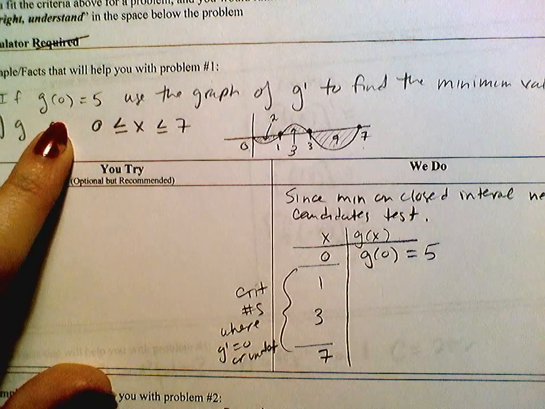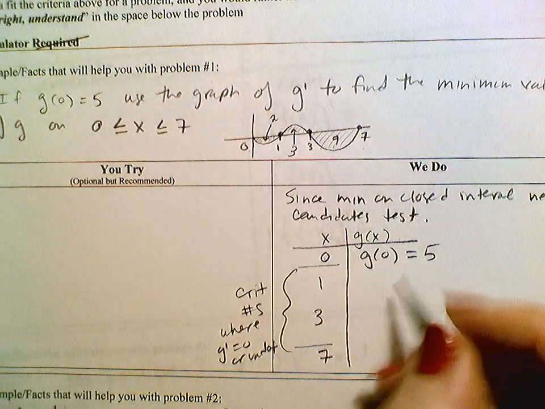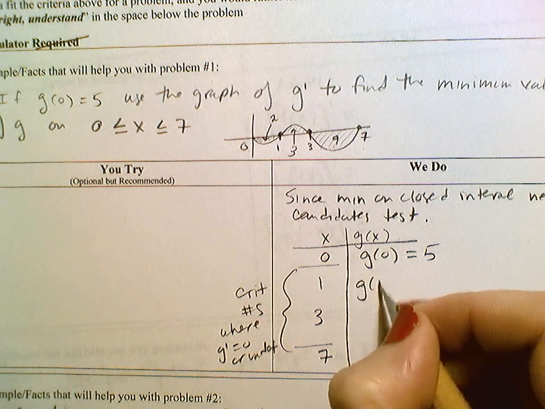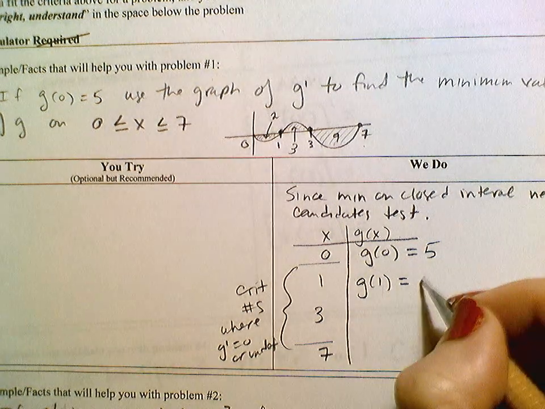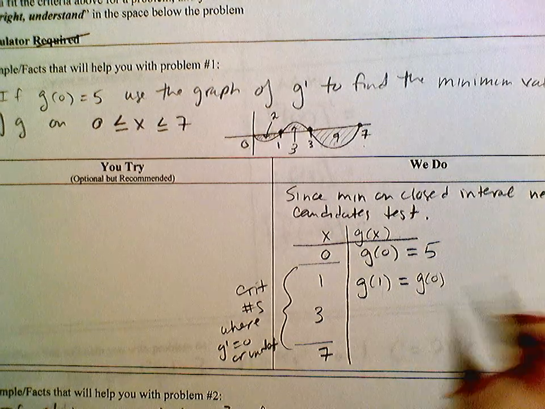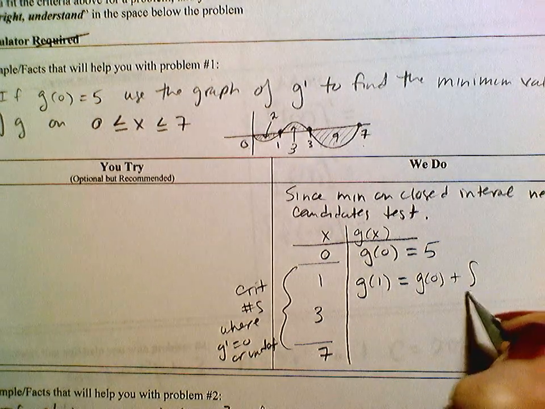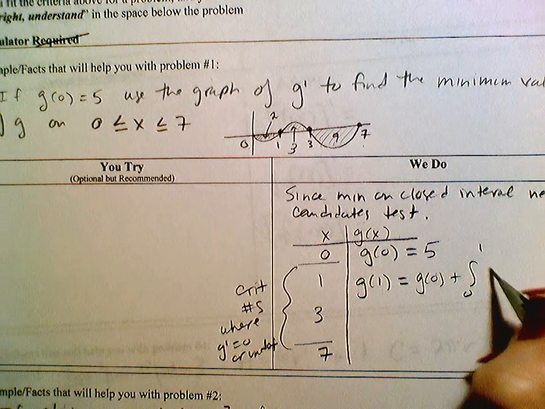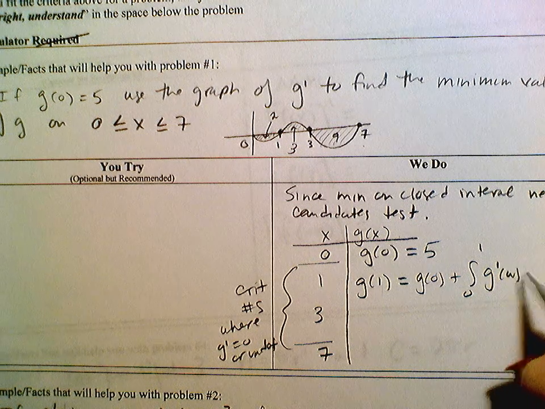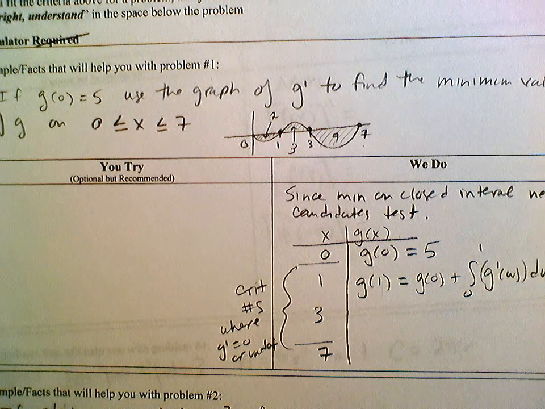That was the initial condition. Now for this one, I'm going to have G of 1 is equal to G of 0 plus the integral from 0 to 1, and then this will be g prime of w dw.